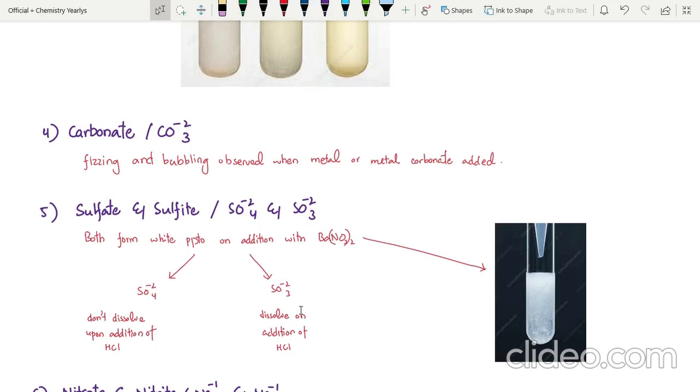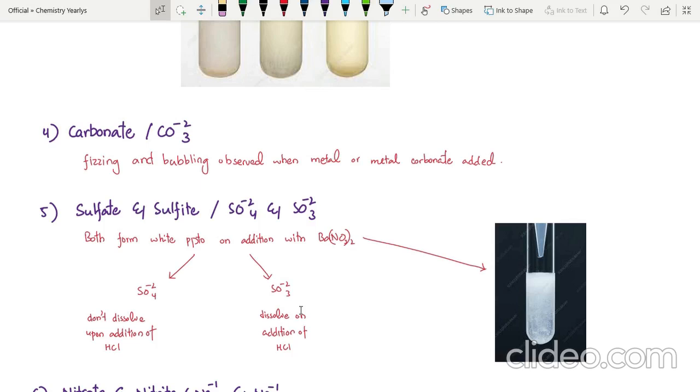So now how are we going to be confirming whether it is sulfate or whether it is sulfite? If we add a little bit of HCl, the sulfite dissolves on the addition of HCl, while the sulfate does not dissolve upon the addition of HCl.